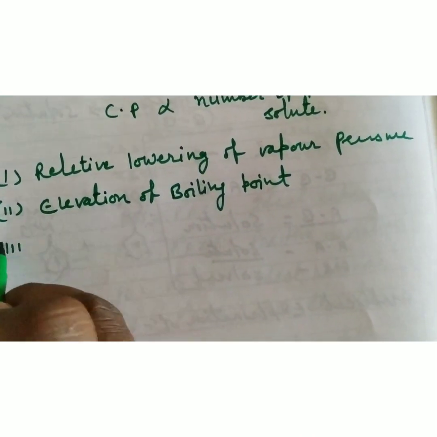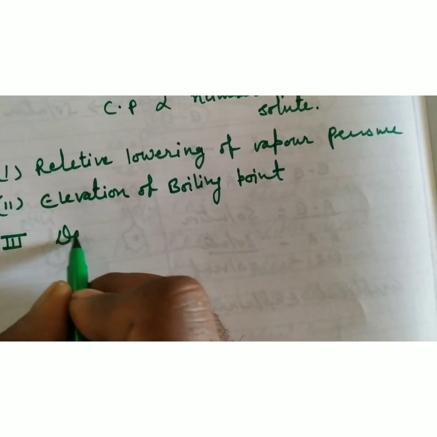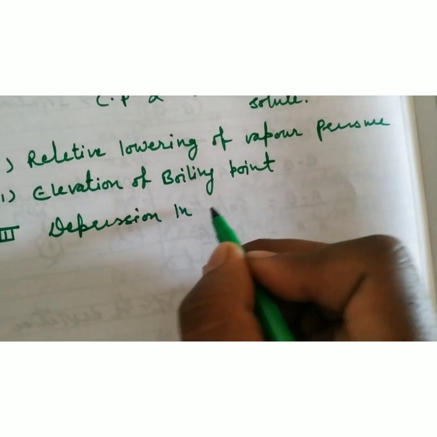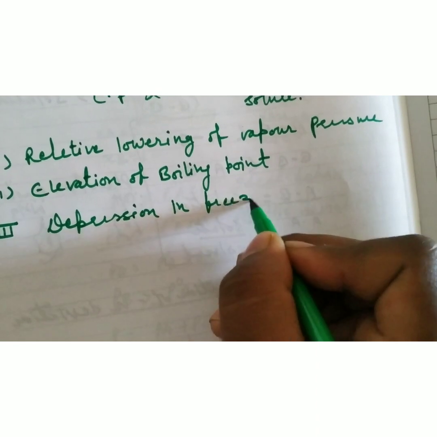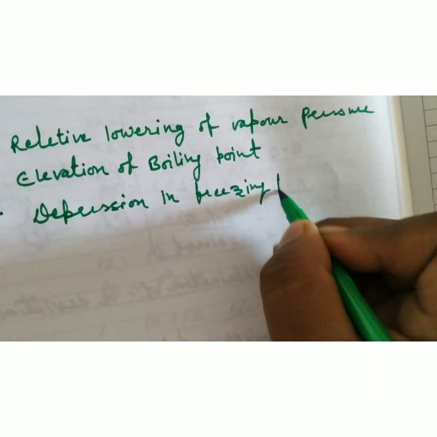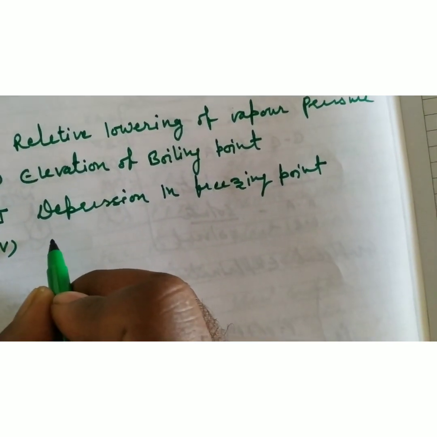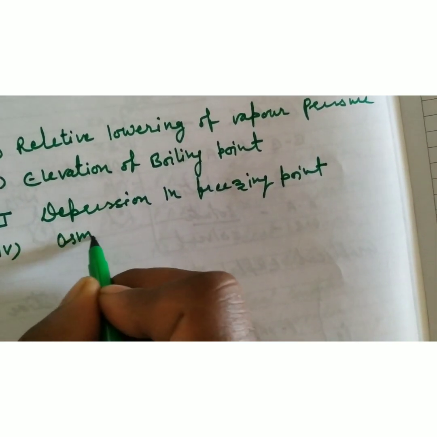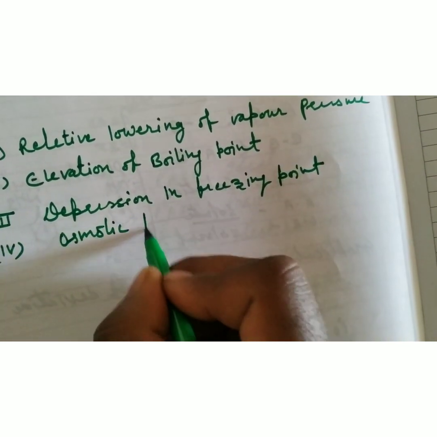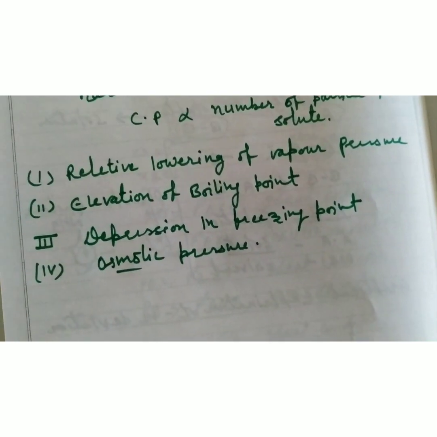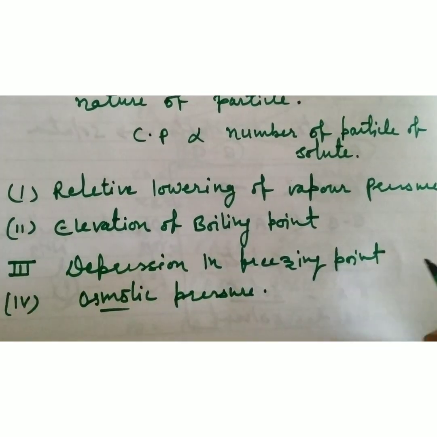Third, depression in freezing point. And last, fourth one is osmotic pressure. Clear? There are four types of colligative properties.